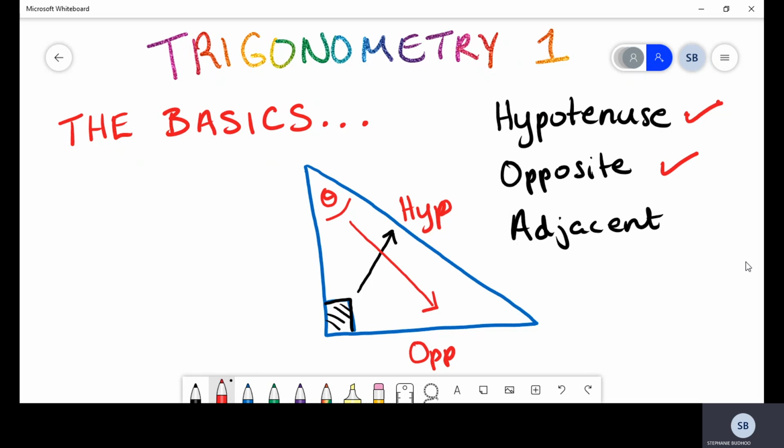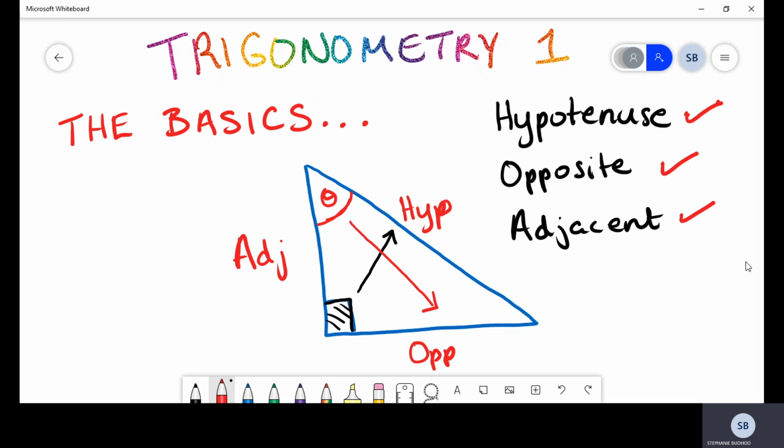Finally, in this question, because we have already successfully figured out 2 out of the 3 sides, then by default, obviously, our third side is called the adjacent, or ADJ.